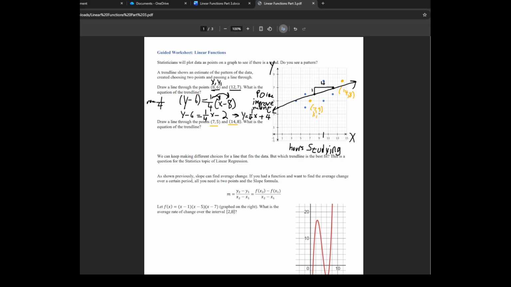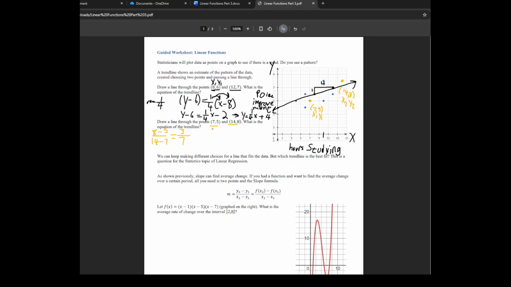So this is x1, this is y1, this is x2, this is y2. So 8 minus 5 divided by 14 minus 7. That will give me 3 over 7. So this one has a different slope, a slope of 3 over 7.